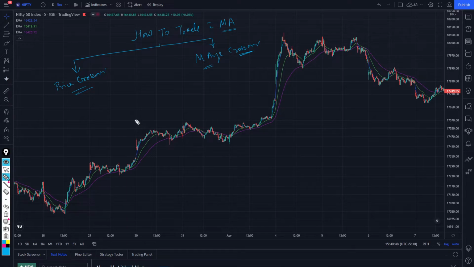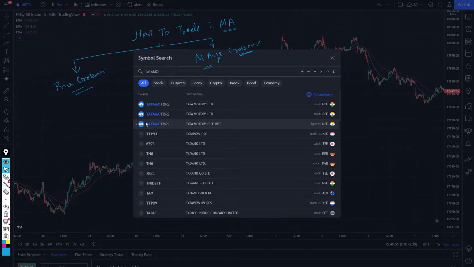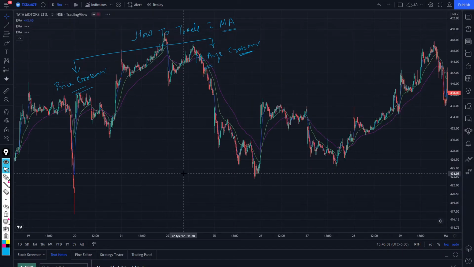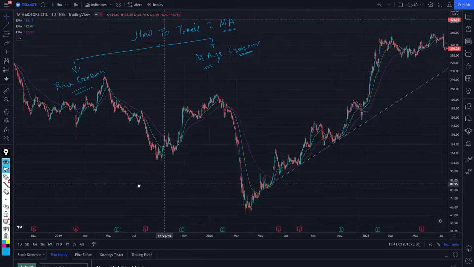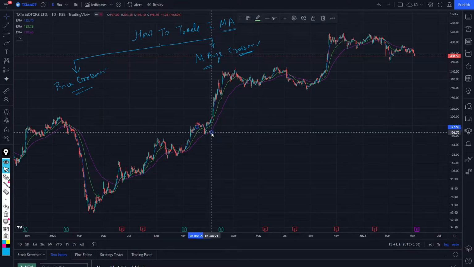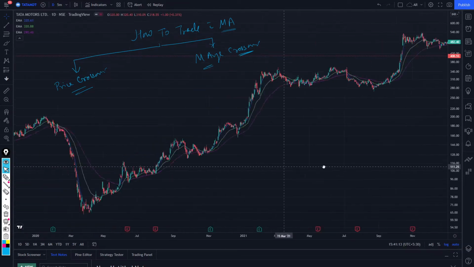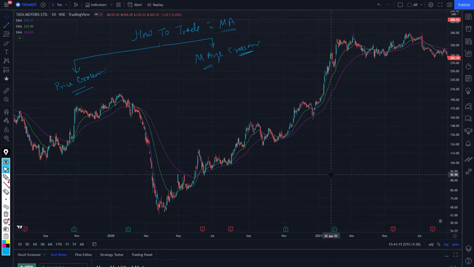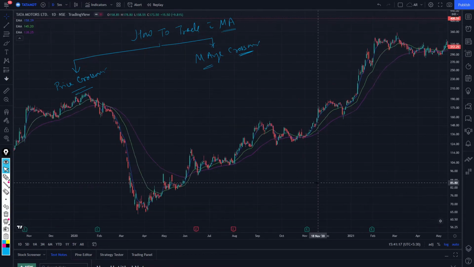We'll choose one stock, say Tata Motors. Many people trade in this, and we'll go on a daily time frame. I'll remove all these trend lines. Now there are two ways you can trade. One, the price crossover.